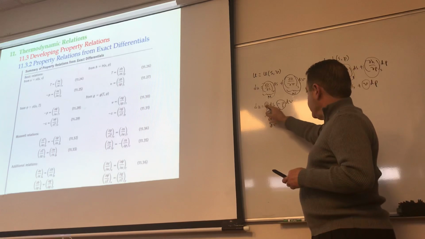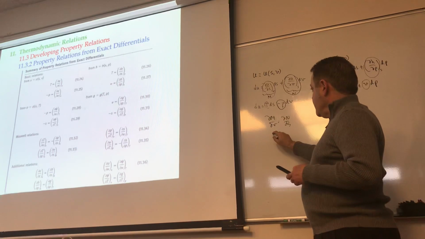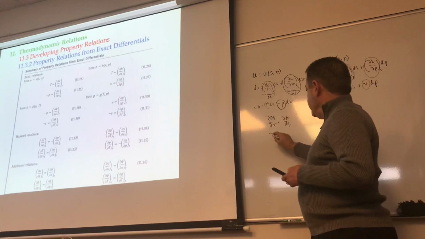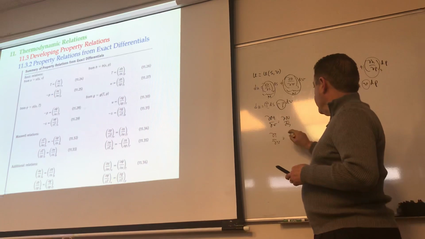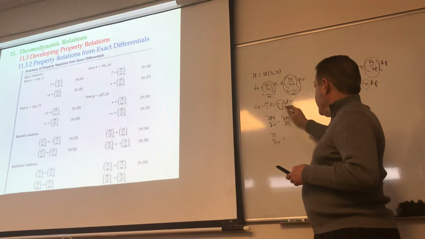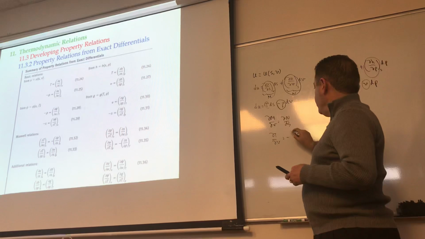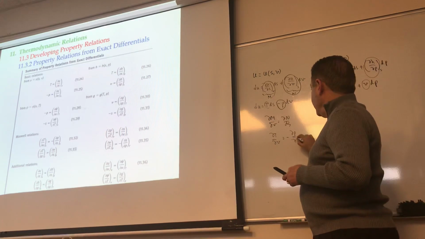But M is equal to what? It's T. So we can say that dT over dv is equal to, what is N? It is negative P, so minus dP over dS.